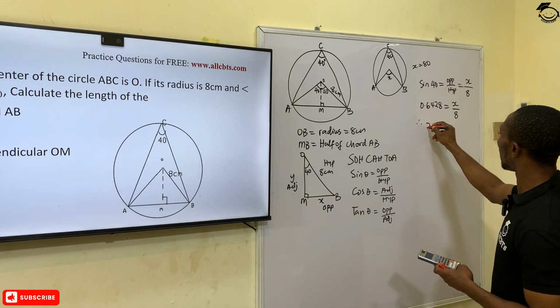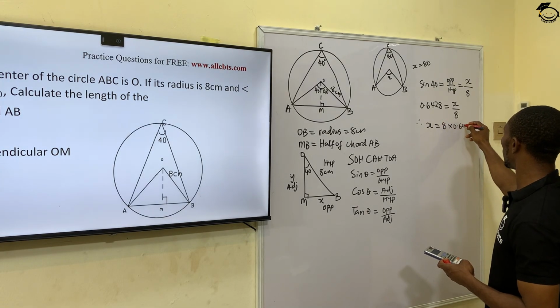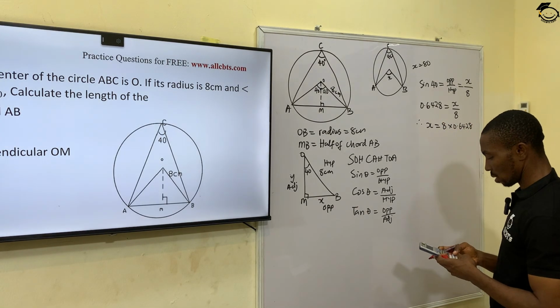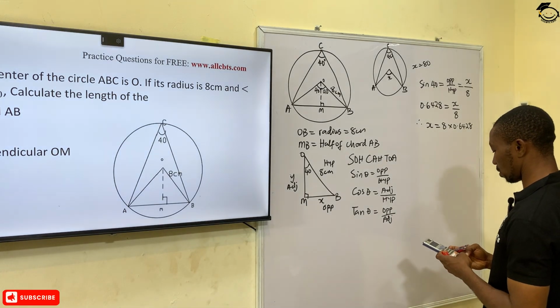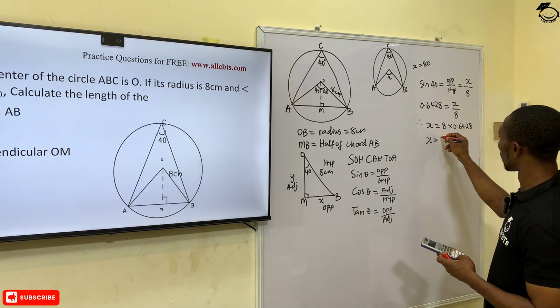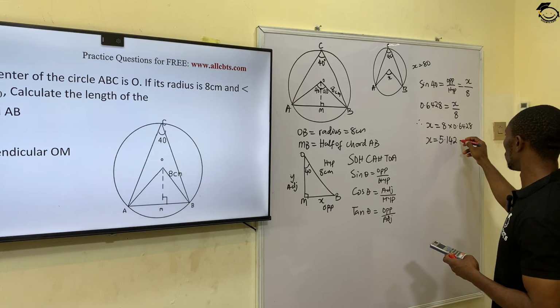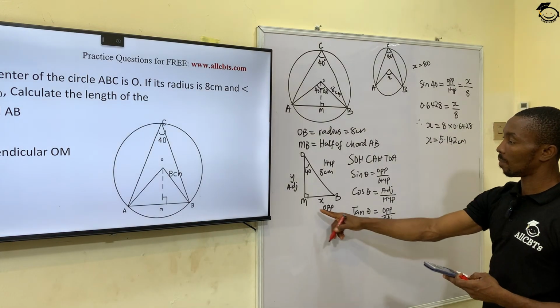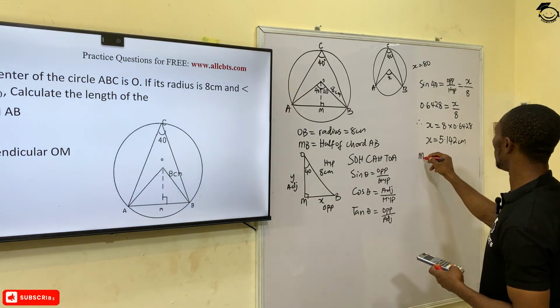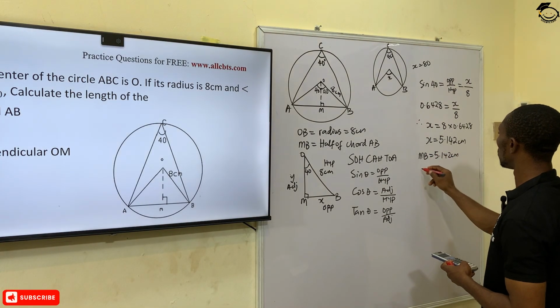So therefore, our x equals 8 times 0.6428, which gives us x equals 5.142 centimeters. That means our MB equals 5.142 centimeters.